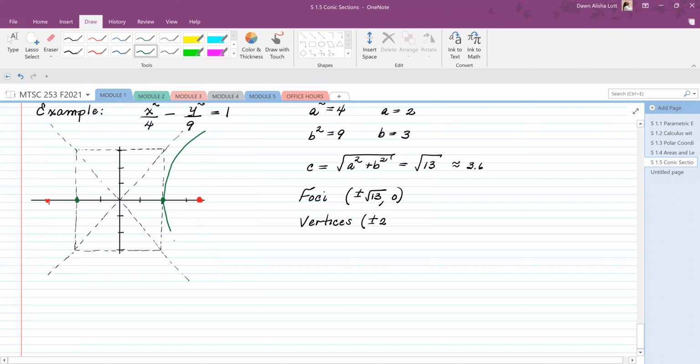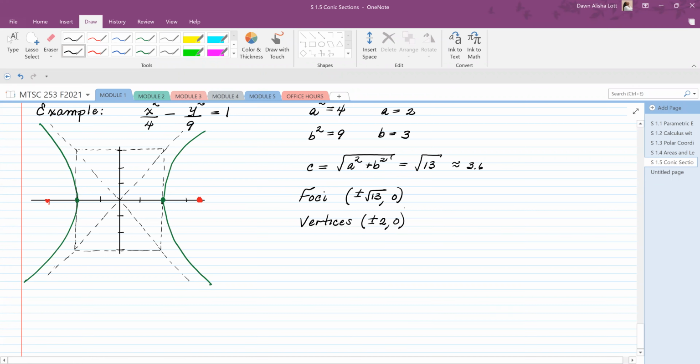Remember, this is the opposite: the vertices are inside the foci. So that's the way it's supposed to look. Okay, now I'm happy. I wasn't happy a minute ago. I didn't like that curve. Now it's right, because they're supposed to be plus or minus 2, 0, and they are.